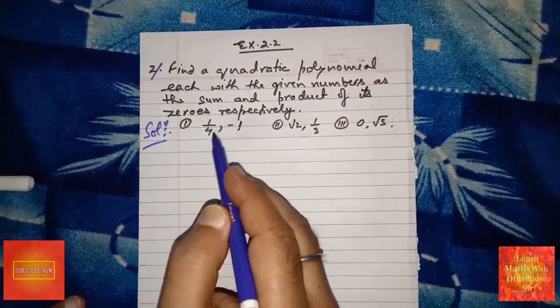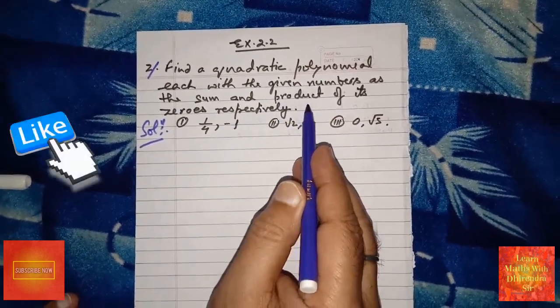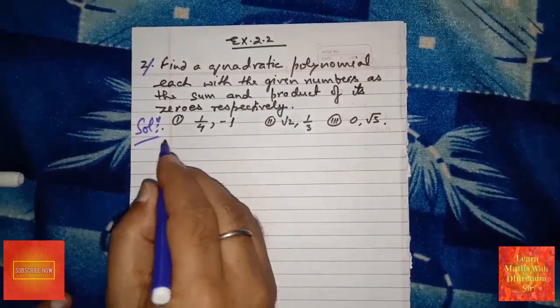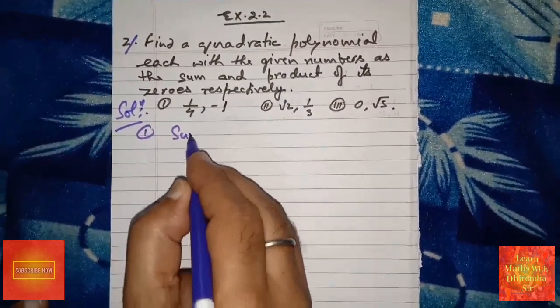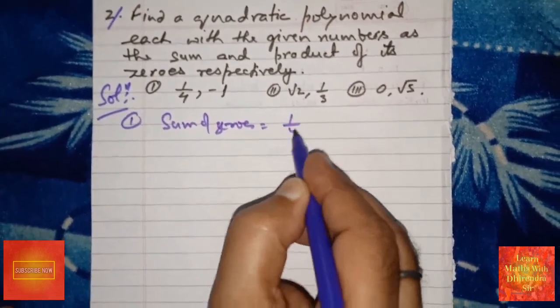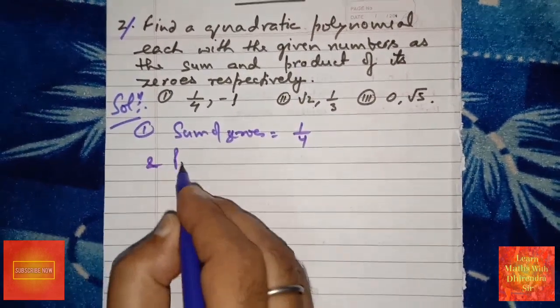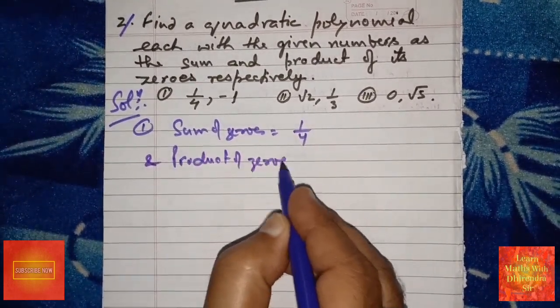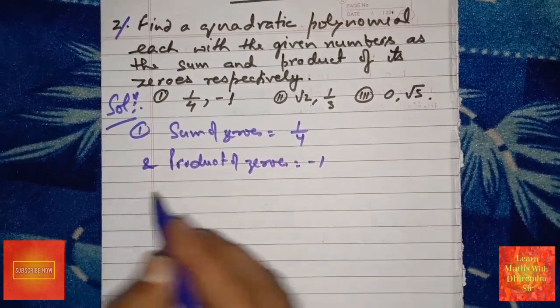Then with the help of sum and product of the zeros, how to find the quadratic polynomial. In part 1 here is the sum of zeros is equal to 1/4 and product of zeros equal to -1.